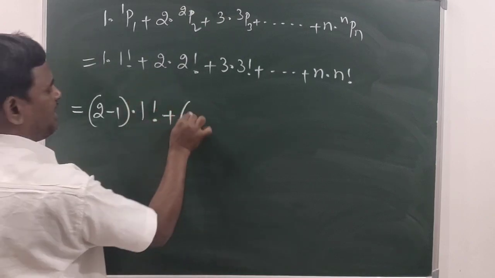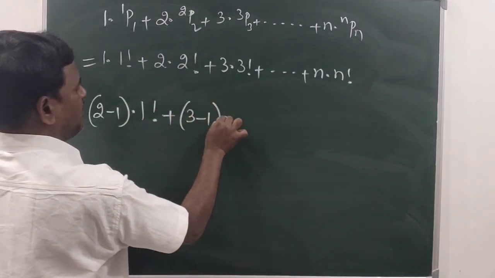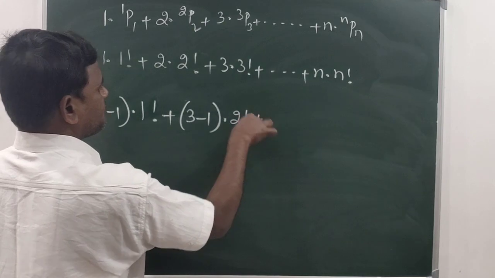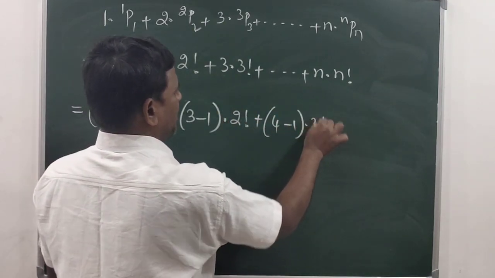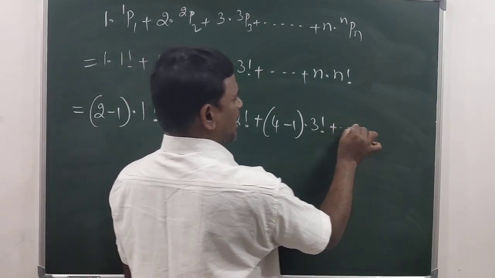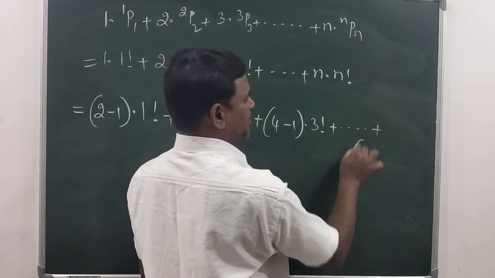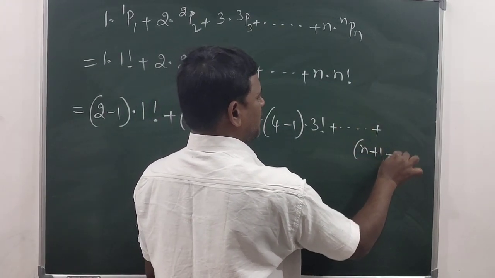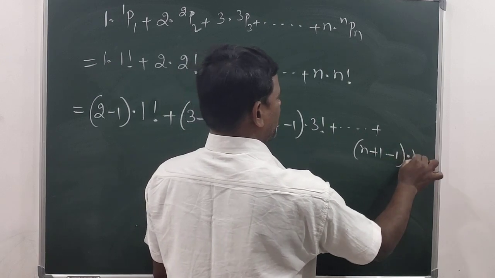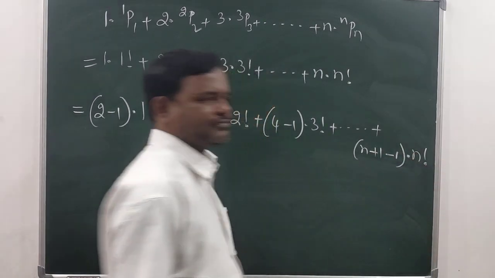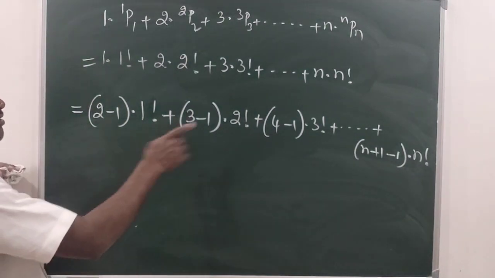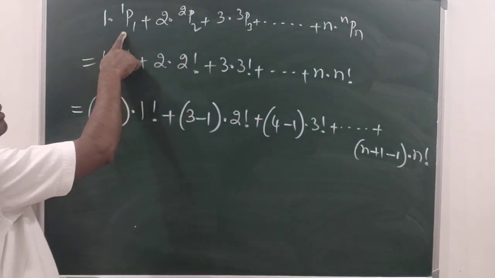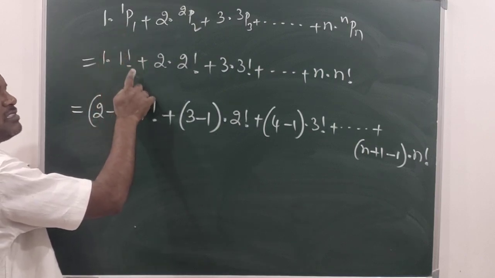So this 2 can be written as 3 minus 1 into 2 factorial. This 3 can be written as 4 minus 1 into 3 factorial and so on. This last one can be written as n plus 1 minus 1 into n factorial. I hope you have understood this, students. Now let us go for simplification.